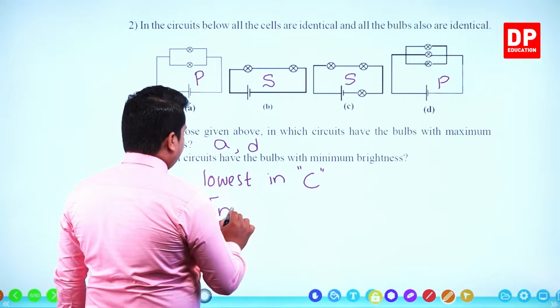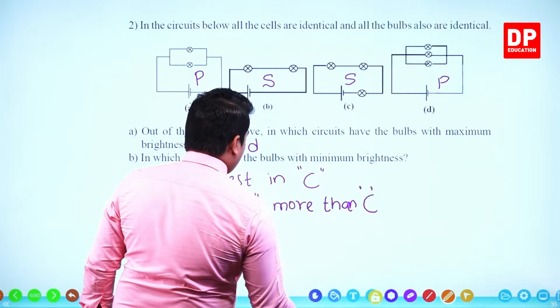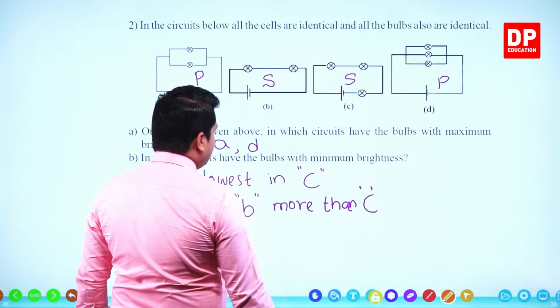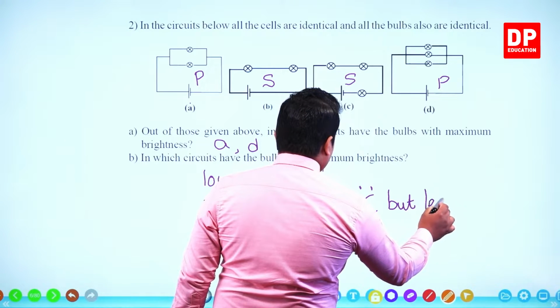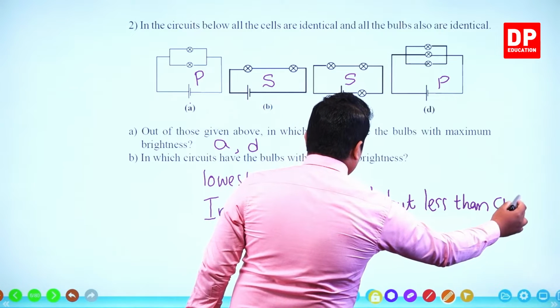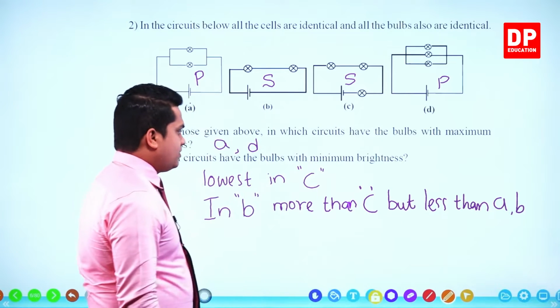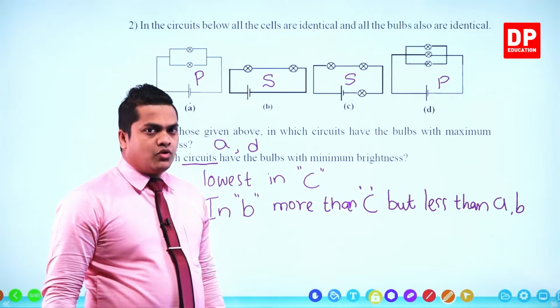In B, more than C, as there are only 2 bulbs, but less than AB. As they are asking about circuits, you have to mention both.